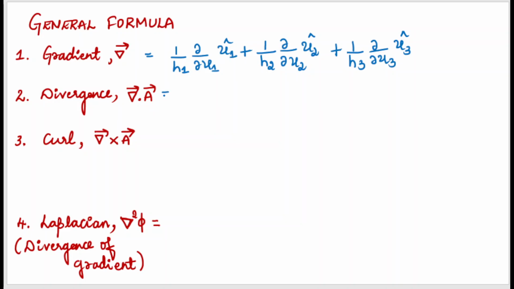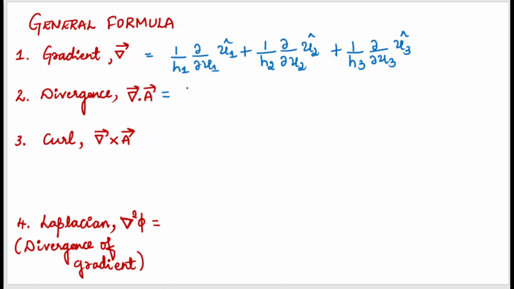Now let us move on to the next formula, that is the divergence of a vector. A vector can be written as ax into i cap, ay into j cap, az into k cap in terms of Cartesian. Here I am writing it as a1, a2, a3, meaning this is a general formula, not only for Cartesian. So in general, I can write it as a1, a2, a3.